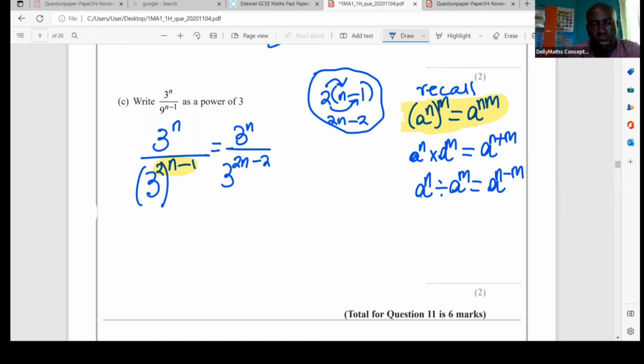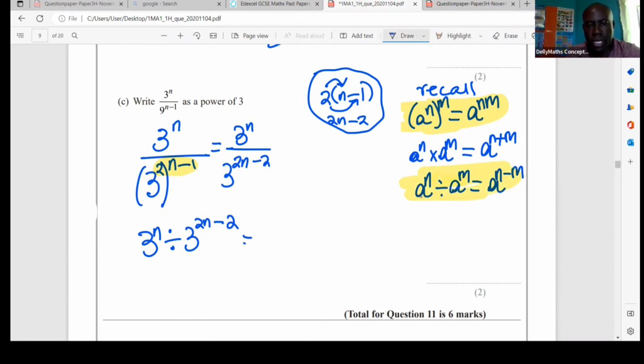In moving further now, we want to simplify this. We're going to be dividing. So basically, let's look at it like this. 3 raised to the n will be divided by 3 raised to the 2n minus 2. We're now going to be employing this law of indices. When you divide the same base, you subtract their powers.